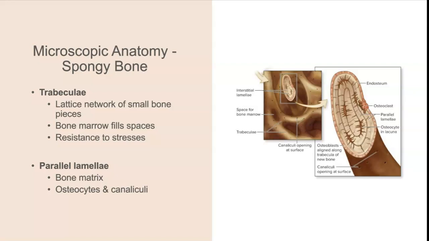Between the lamella are osteocytes trapped in lacuna. They have numerous canaliculi radiating from the lacuna, and the nutrients reach the osteocytes by diffusing through cytoplasmic extensions of these osteocytes, which are within those canaliculi that open onto the surface.